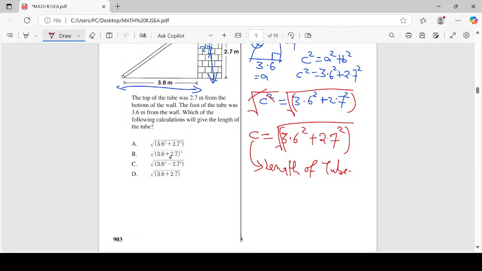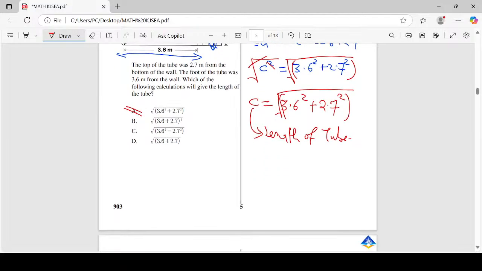Choice B says first add 3.6 to 2.7, then square it, then square root. That gives you something wrong. Choice C we eliminated because of the subtraction sign. Choice D we eliminated because the A and the B were not squared. So we are left with the correct answer as choice A.